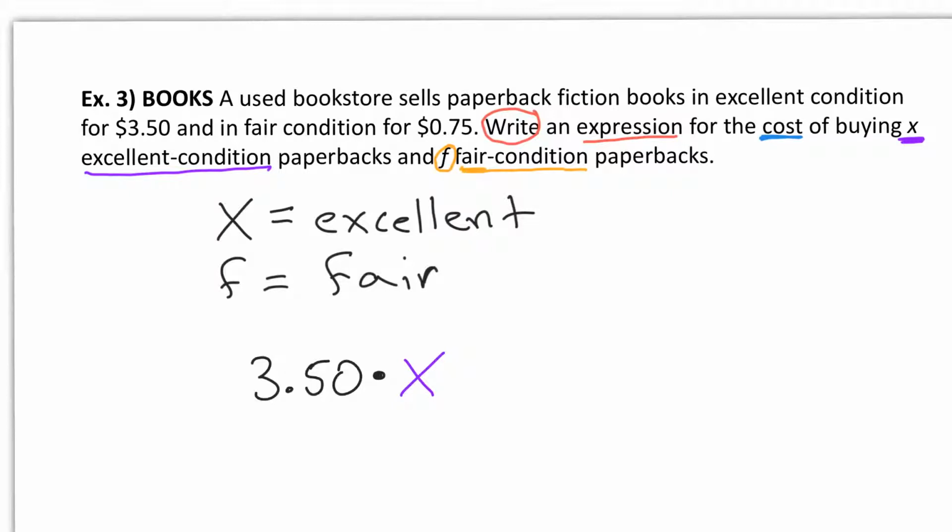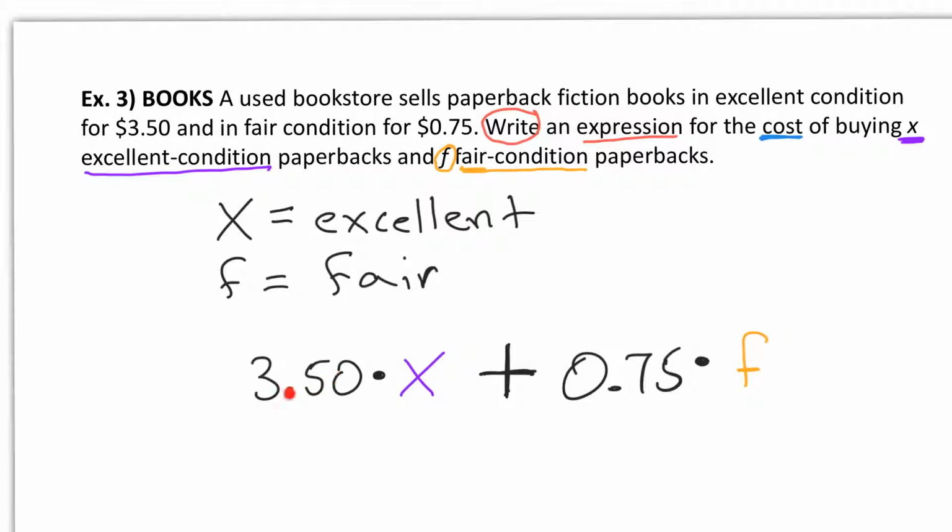And once you know how many, you're going to add everything up, and it's going to give you the total cost. So I'm going to put plus right here, and I'm going to take the price of fair condition, which is 75 cents right here. So I'm going to put 0.75, and I'm going to multiply by the variable F, because F is fair condition.